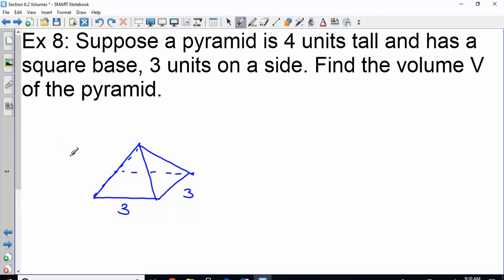So those are 3 and my total height is 4. Okay. Find the volume of the pyramid.